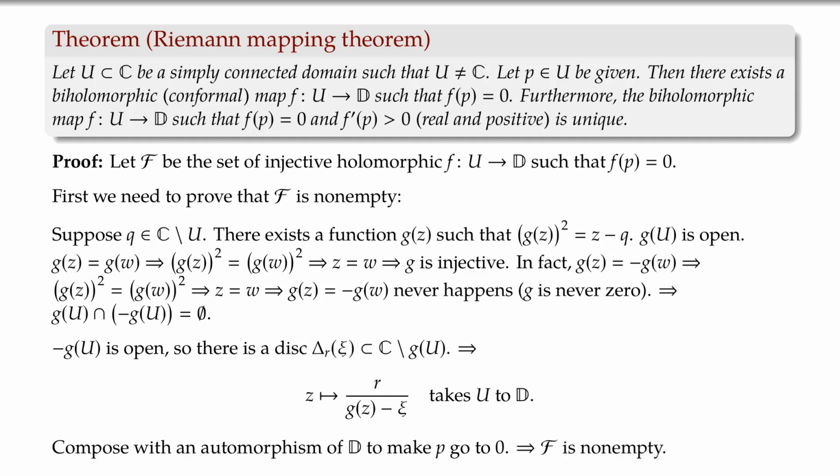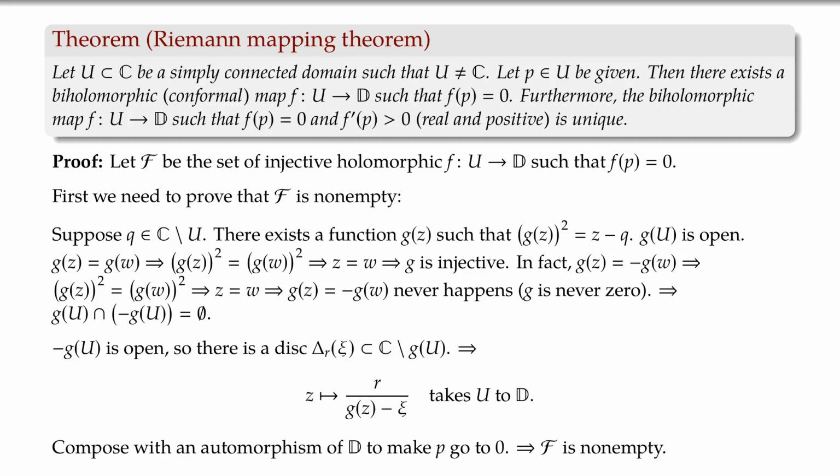In other words, we've proved that F is non-empty, right? And the idea of this proof was, what does the square root do? The square root takes complex numbers and it halves the argument. So it takes the complex plane and basically takes it to sort of half the complex plane, right?